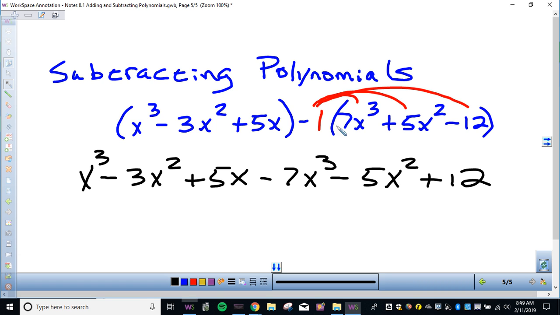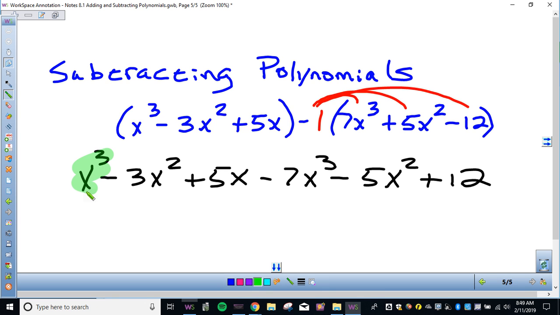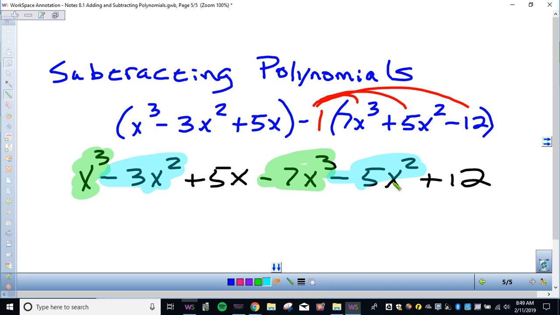Who can tell me some like terms? X cubed and negative 7x cubed. Make sure you grab the sign in front when you do this. And then we have negative 3x squared and negative 5x squared. And then is 5x and 12 a like term? No. Why not? Because 12 doesn't have the x. Okay, so we just add the green highlight.